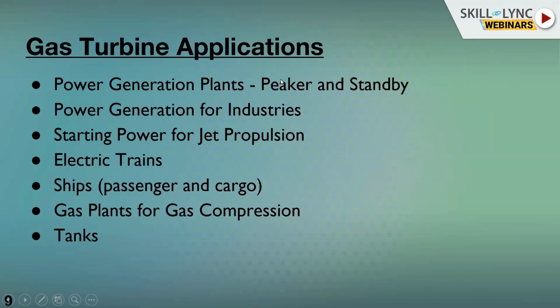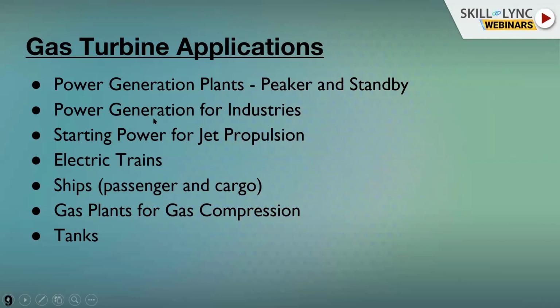During summers, when the power consumption is high, the gas turbine power plants which are on standby will be brought up for peaker duty, and they will generate the additional power that is required. And during the periods when we don't need the extra power, they'll go back to being standby plants for peaker power.